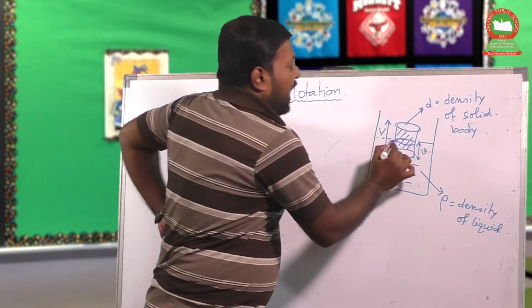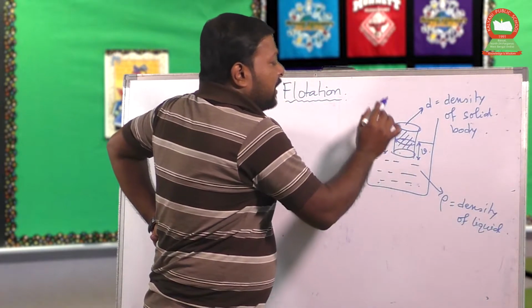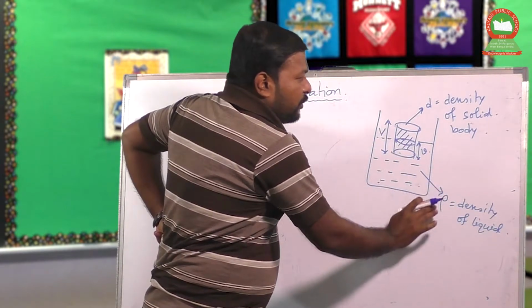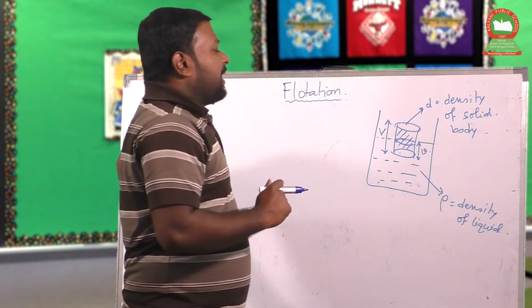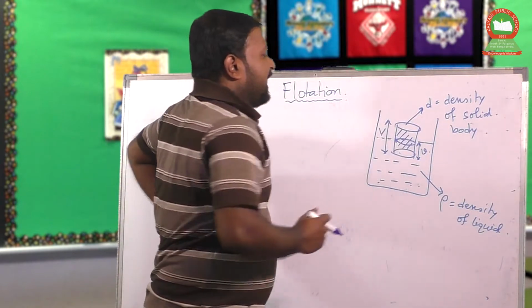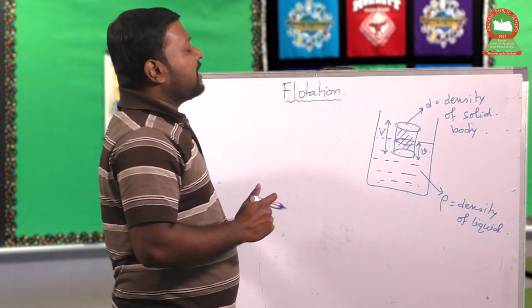Now the amount of volume which is submerged in the liquid having density rho is small v, and the density of that solid body is small d.